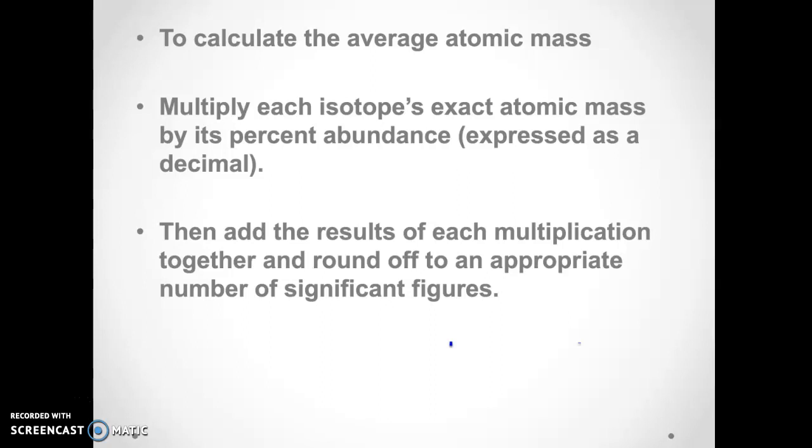Well, here's how we do it. You multiply each isotope's atomic mass by its percent abundance. You have to take the percent and make it a decimal percentage. So take 99.2% and turn it into 0.992. Then you add the results of each of the multiplications together and round off to the number of significant digits we tell you to round to on the test. It's probably going to be something like 2 decimal points.